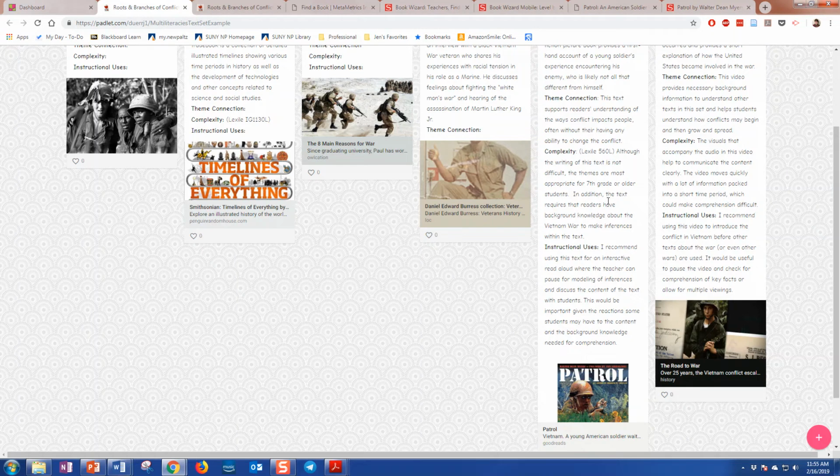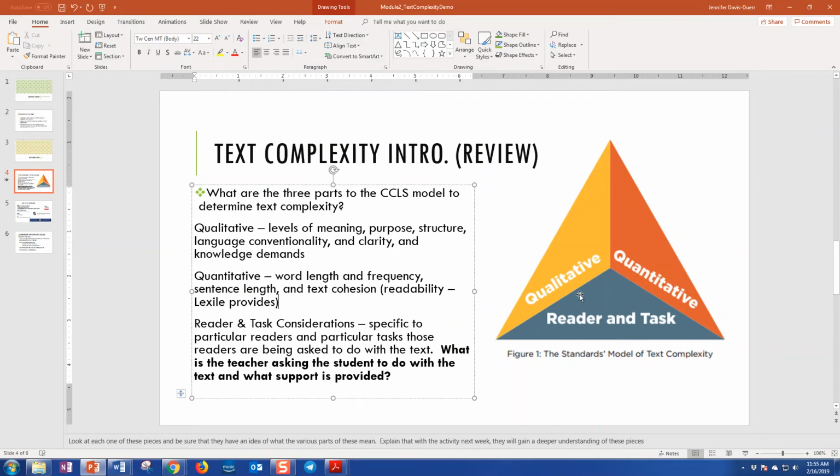These two things are directly related. This is the part where we take into consideration reader and task of that three-part model.